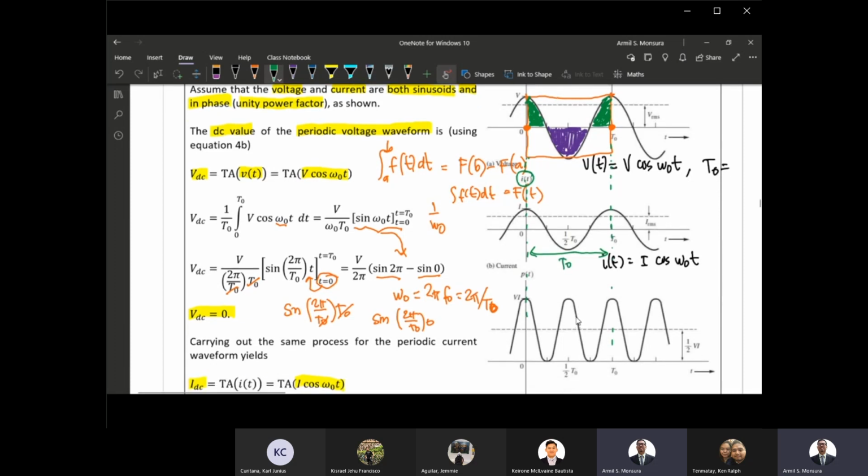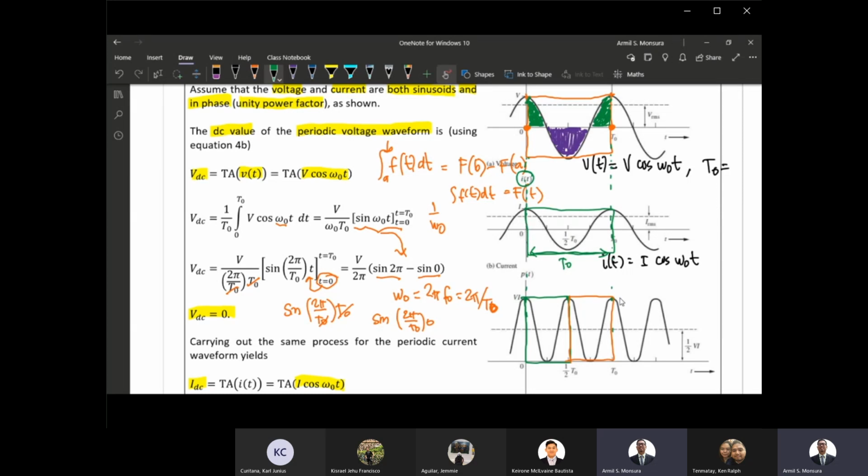But in the case of your instantaneous power waveform, dalawang cycle yung mabubuo niya. So that is from here to here, that's one cycle. Okay, and then from there to here, that's two cycles. So ito yung first cycle niya. And this is the second cycle. So that's different from your voltage and current waveforms that can only form one cycle within the interval of T0.